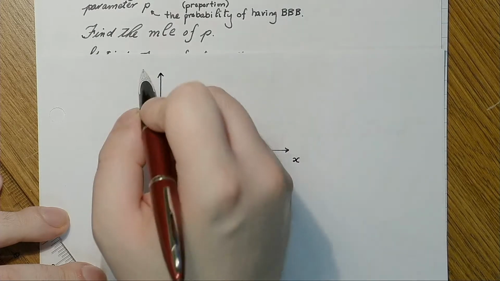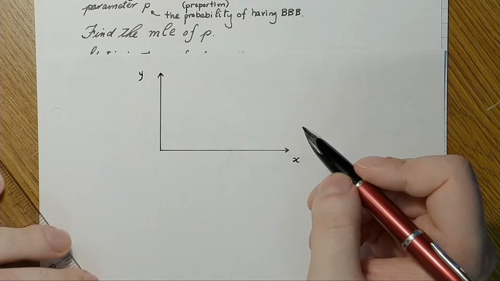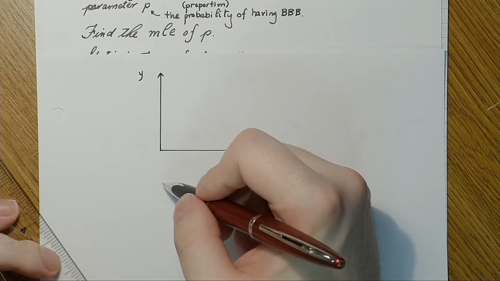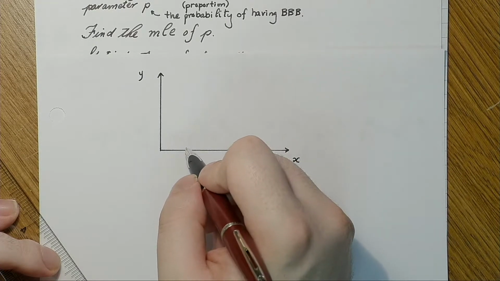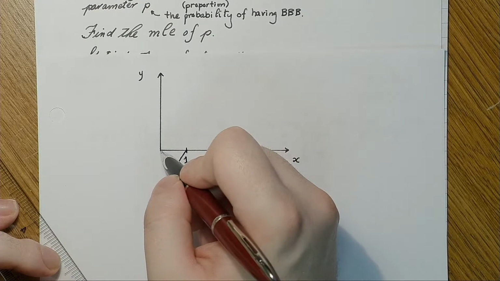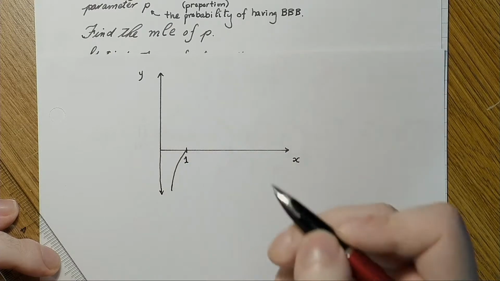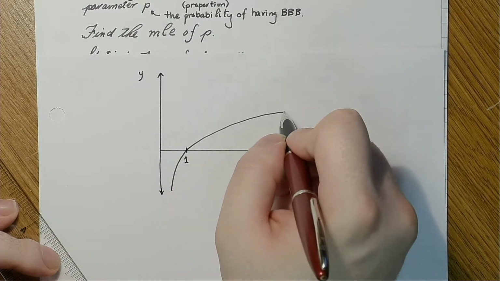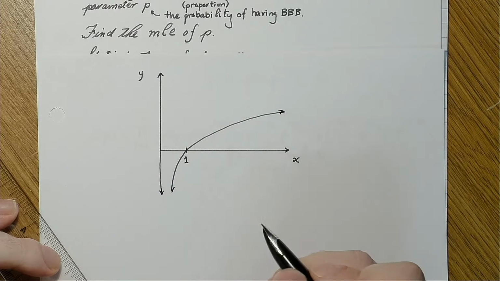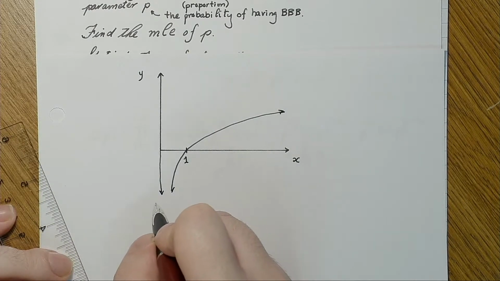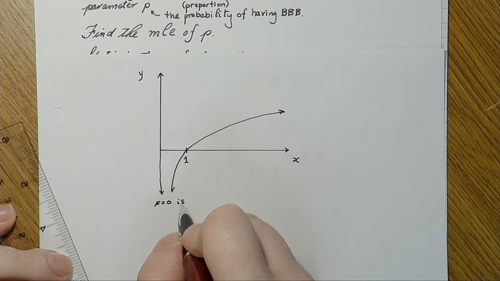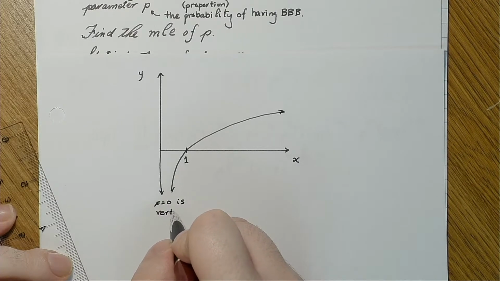we have X and we have Y here. And what we're going to use is the natural logarithm. It should hit at 1 here. So remember that x equals 0 is a vertical asymptote.